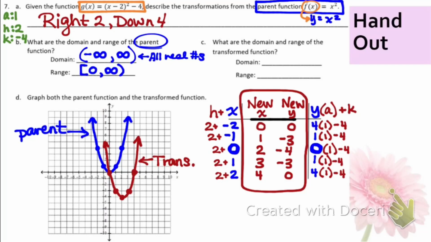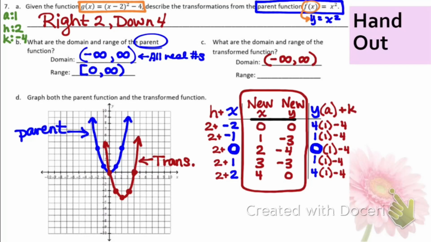What is the domain for that transformation? What was the domain for my parent? All real numbers. Same domain for my transformation. All real numbers. Does this transformed function, the red one, have a maximum or a minimum?